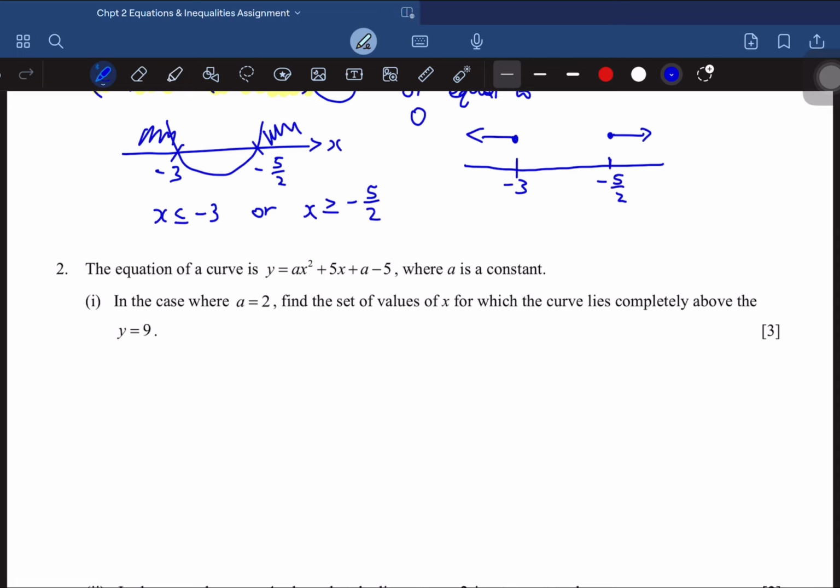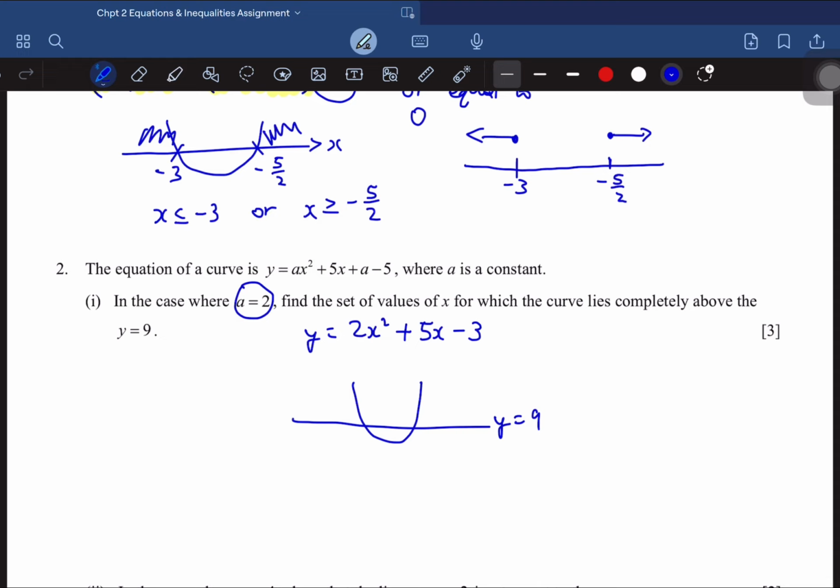So what does this mean? When a equals 2, I have y equals 2x squared plus 5x, 2 minus 5, I have negative 3. They say this curve is completely above the line y equals 9.